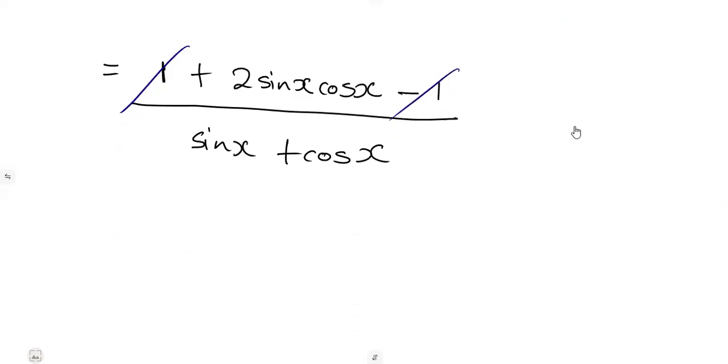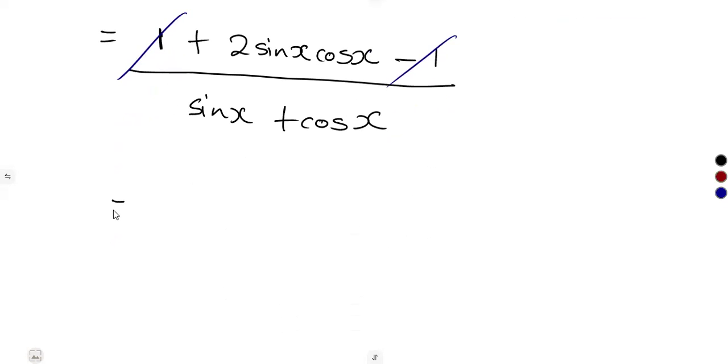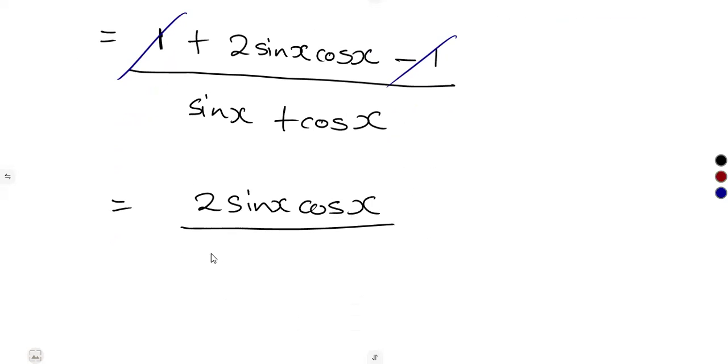So you're going to have what at the end? You're going to remain with this part as it is, 2 sine of x cos of x, everything over sine of x plus cos of x. This is exactly what we were given on the right-hand side.